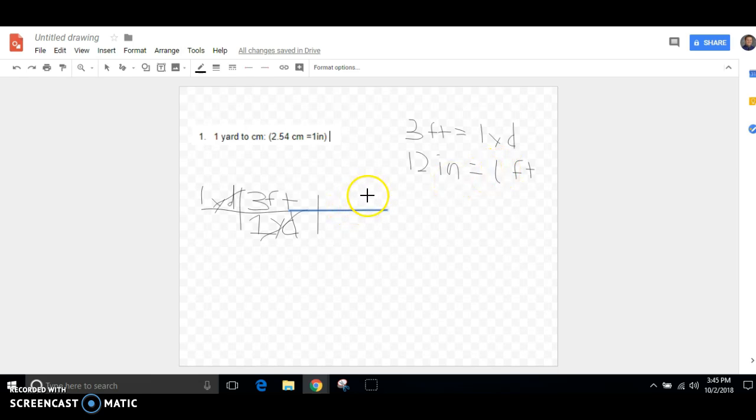So if I can get to inches now, and 1 foot down below, this is going to show me that now my feet will cancel out, and I'll have inches left over.